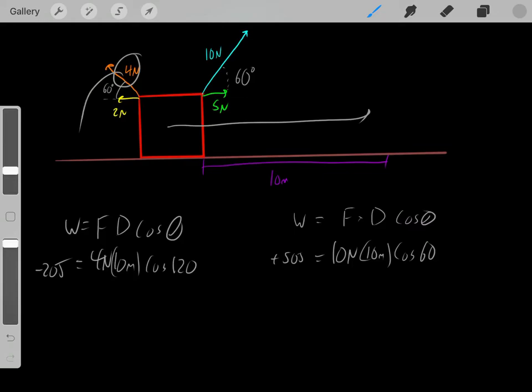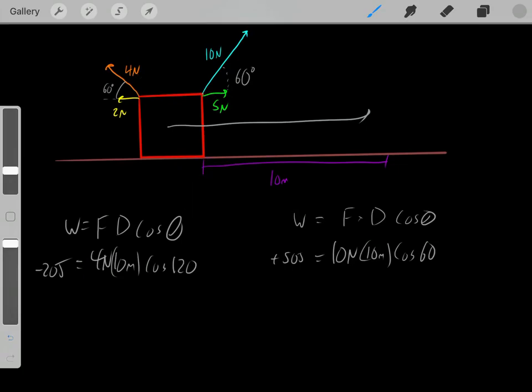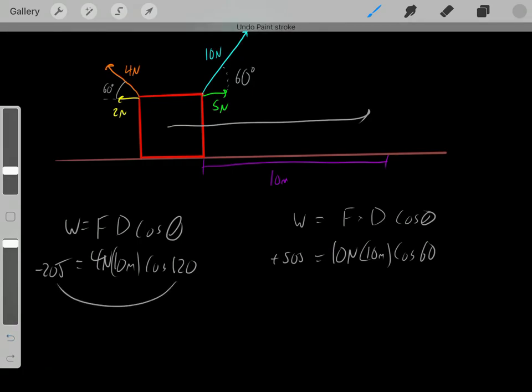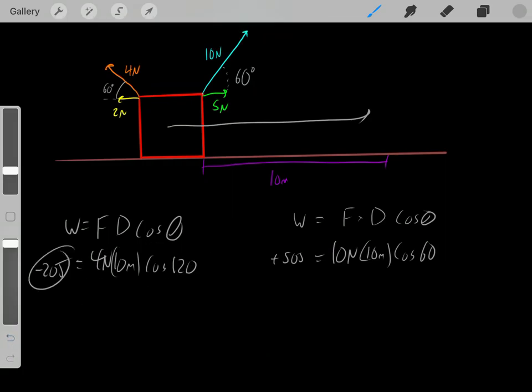We can just find the original force and the angle between the force and the motion, and plug in that theta with that original force. Then the cosine of 120 would spit out a negative value and do the work for you, spitting out negative 20 joules of work. So you know this did negative work.